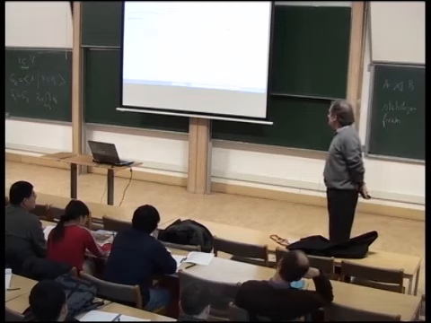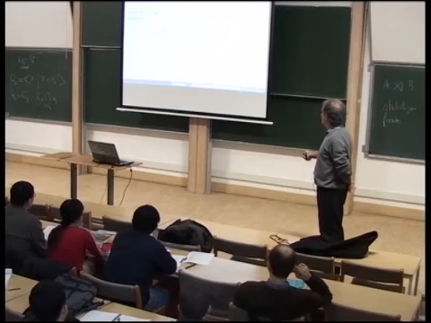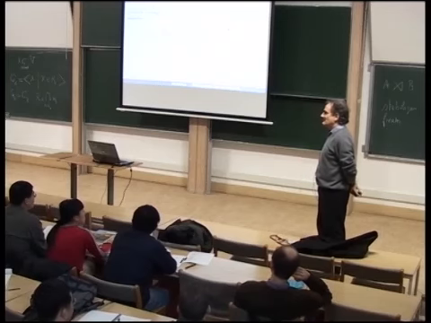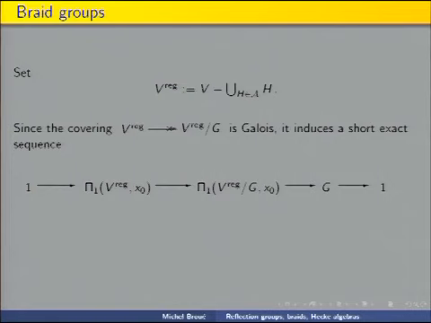Actually, it would be better to write this sequence by putting G^op here, and you would object by saying G^op is G because it's a group. You would be right, so we could go on discussing, but I would prefer G^op. But okay, on the slide for an instructional talk, I put G, which anyway is also true. And the kernel, the fundamental group of V_reg, is called P_G.